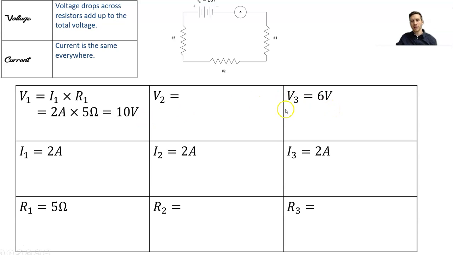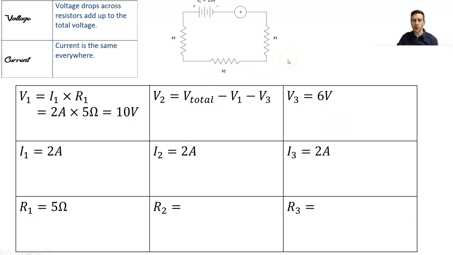Now you might look at that and think, oh, 10 and 6, that's 16, so this has to be 4. That's great. You do need to write a formula, and so the formula we use for this is simply to take the total voltage and then subtract the other two. So V total minus V1 and minus V3. And we have all those values, right?